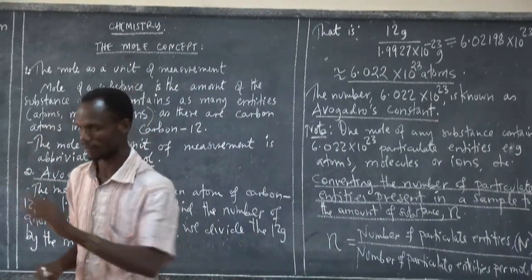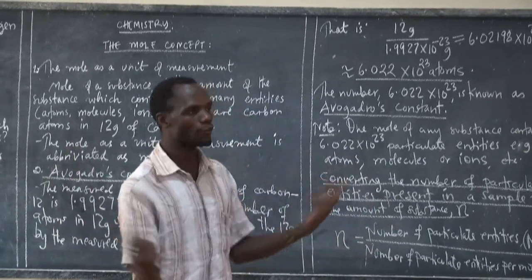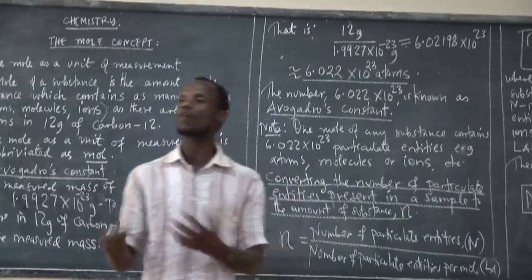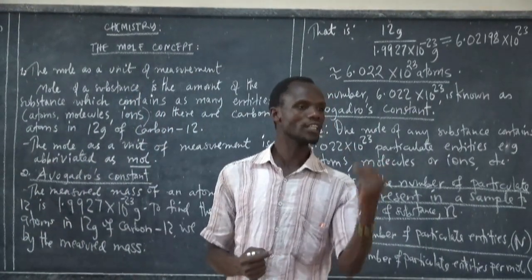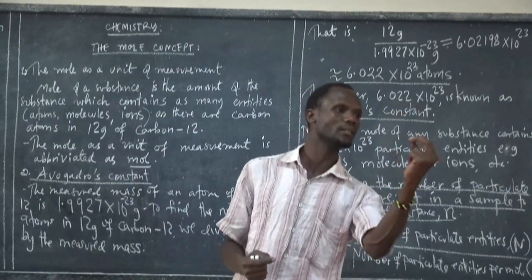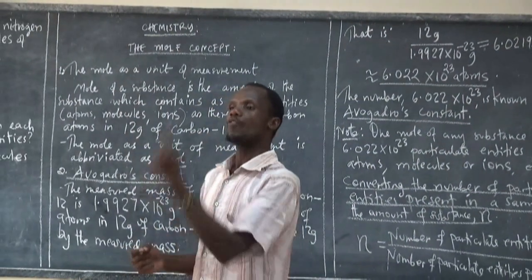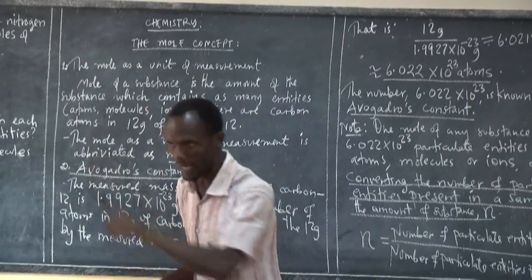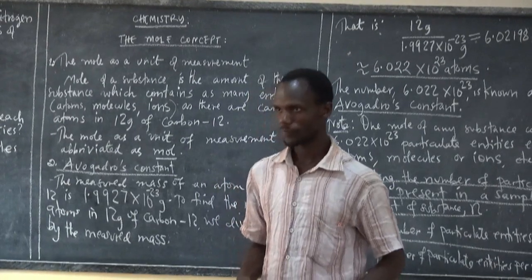That is a dozen. For example, in normal life we say a dozen consists of 12 items of the same kind. A pair of shoes means two shoes of the same kind, one left and one right. That's a pair.